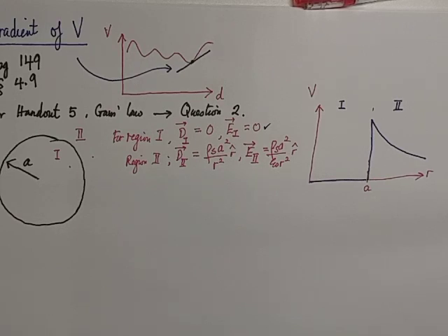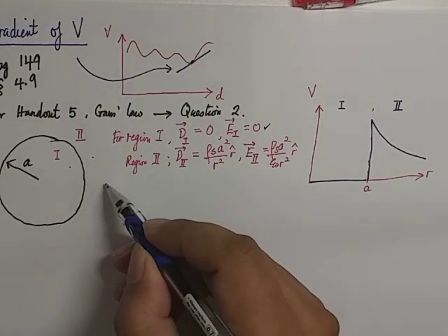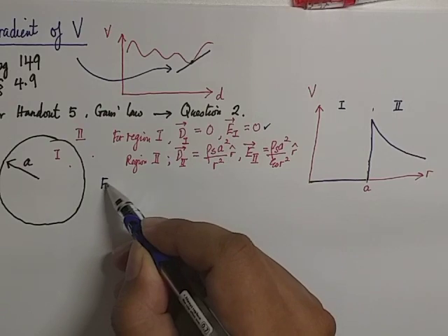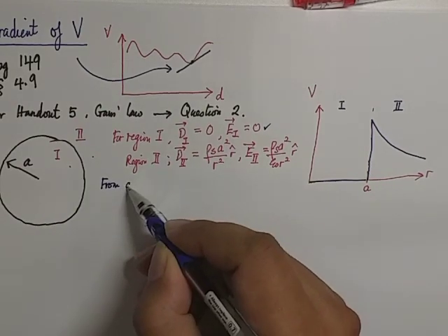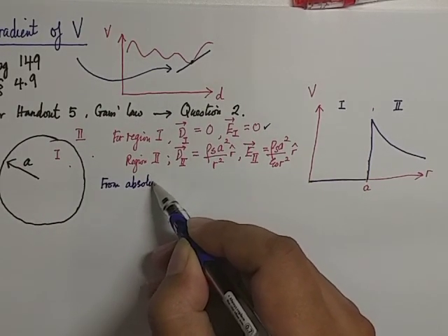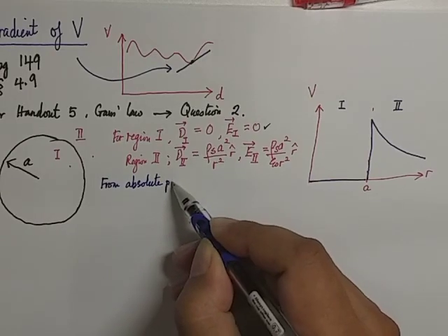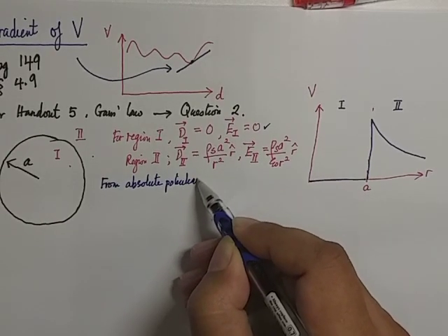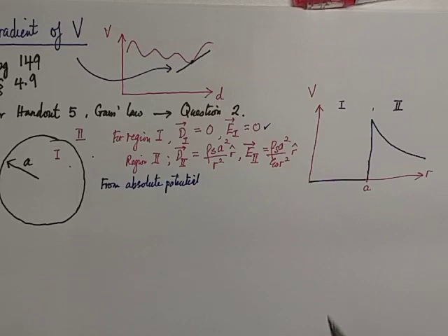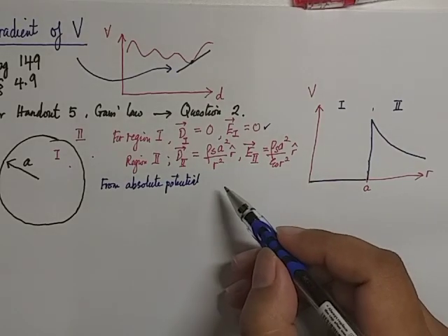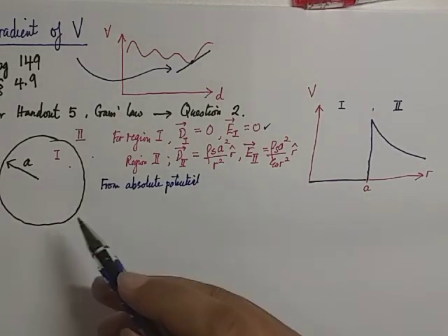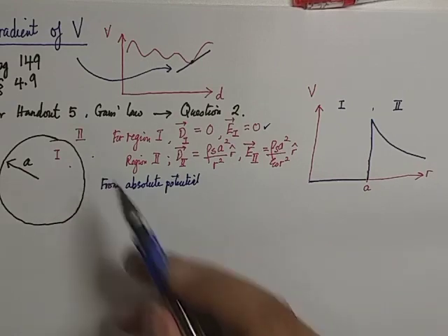After that, when we talk about absolute potential, I hope you can still remember from the discussion of absolute potentials, we obtained the V for region number 1 and region number 2.